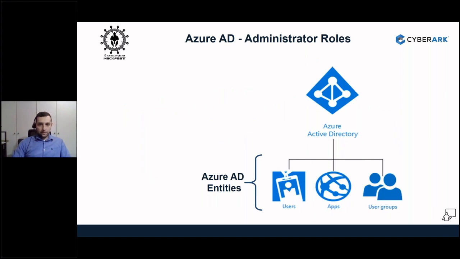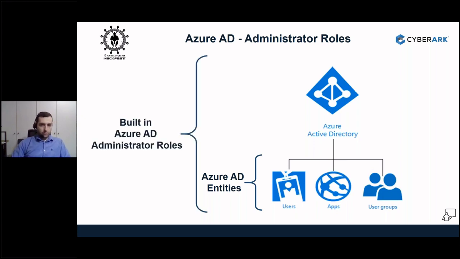The Azure Active Directory is the place where you create and manage users, groups, and applications. These are the automated identities in Azure, right? The permissions over the Azure Active Directory are divided into different built-in administrator roles.